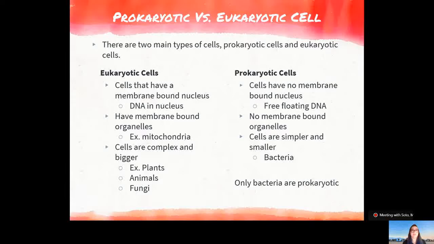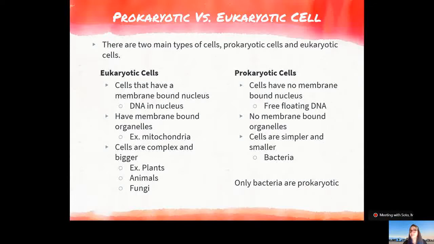Their DNA is in their nucleus. They have membrane-bound organelles, right? For example, the mitochondria, it has its own little membrane taking care of it. They're also a lot bigger. And plant cells also are included in the eukaryotic cells because they also have membrane-bound organelles and a nucleus.